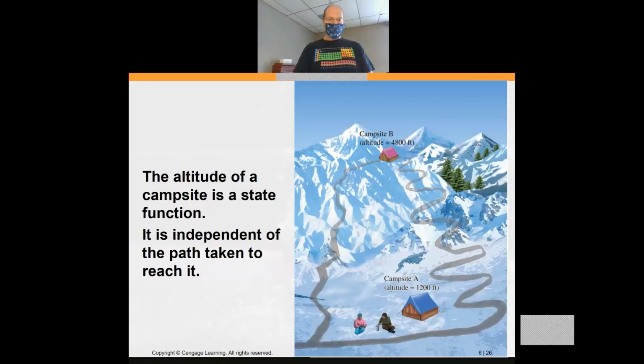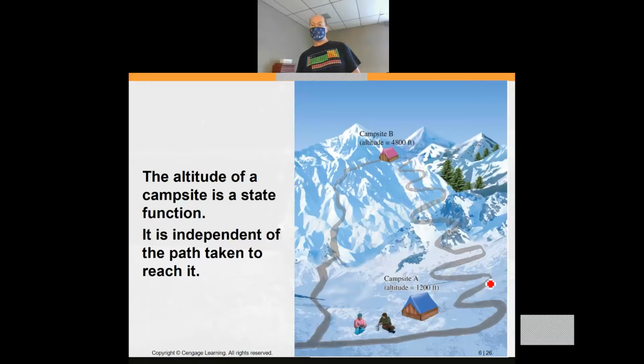All right, so the altitude of a campsite is a state function. It doesn't matter if you go to the left, which is more direct, or if you go, I don't want to walk straight up a mountain. I kind of want to go sideways up the mountain and then eventually get there. Work is not a state function.